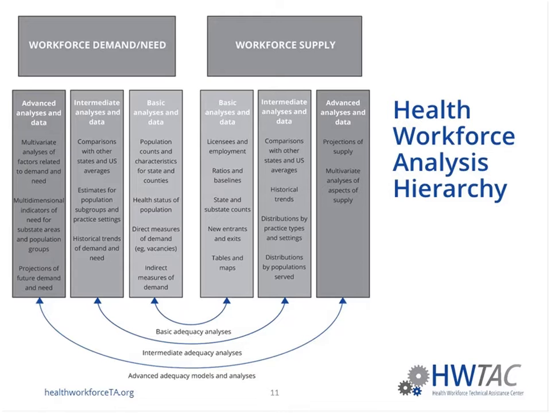So for instance, a basic health workforce supply study would be, say, figuring out how many physicians in New York deliver direct patient care. What is the supply of these physicians? And that could use some simple counts and ratios to do so. But even at that level, things aren't always that simple, which we'll get to here in a bit.